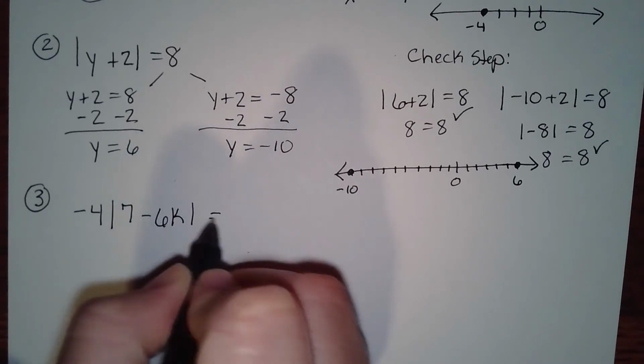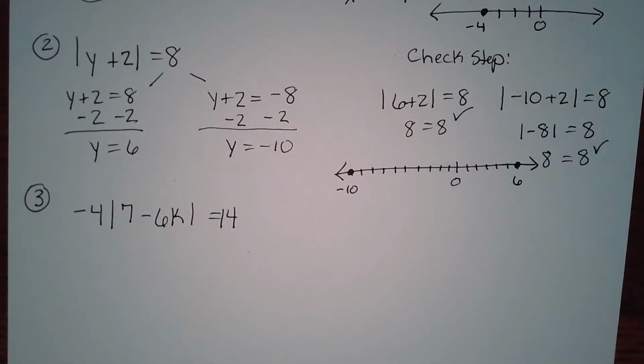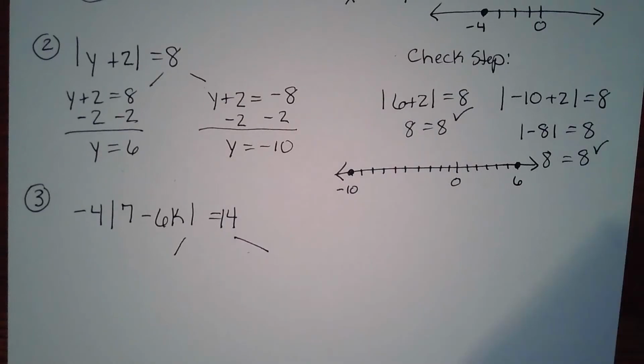All right. So for this particular one, we have negative 4, absolute value 7 minus 6k. So what's going to happen is you're going to treat this just like any other thing that you've done in the past. But don't distribute in, not yet. So the first thing is you cannot distribute into an absolute value, but you can change the absolute value into parentheses while you are doing your one positive, one negative.